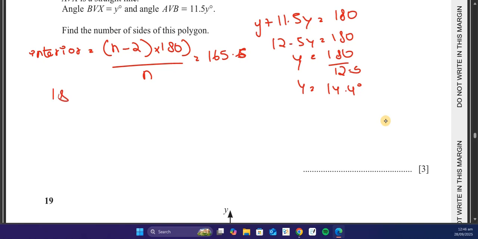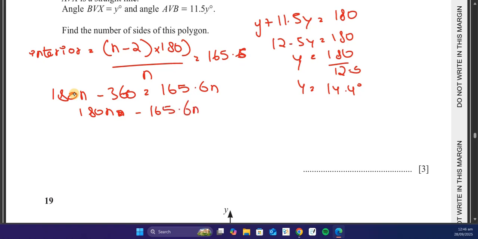That would give us 180n minus 360 is equal to 165.6n, and 180n minus 165.6n is 360.